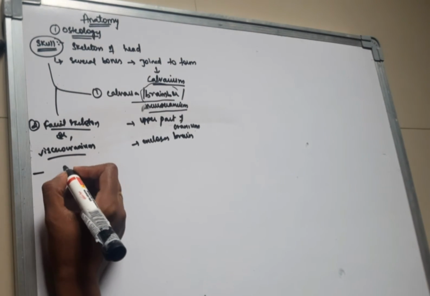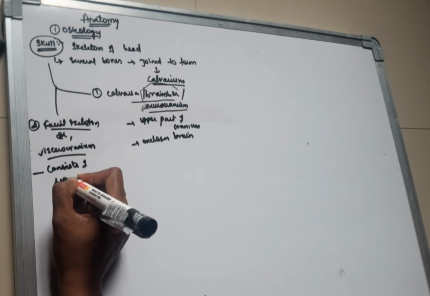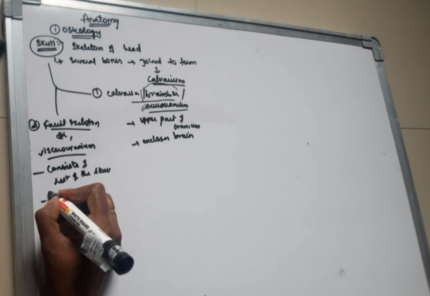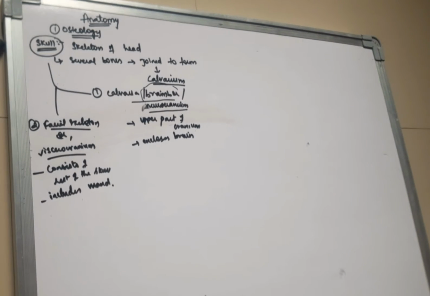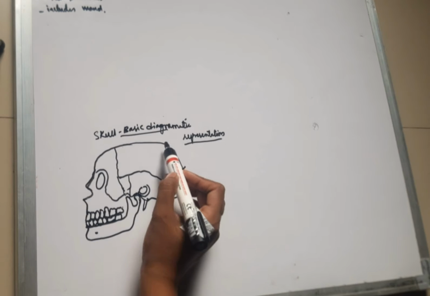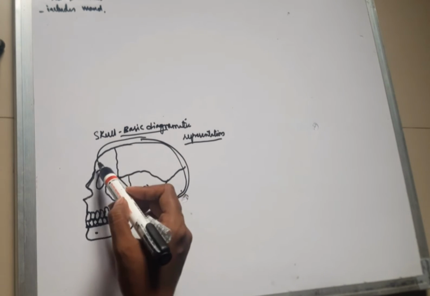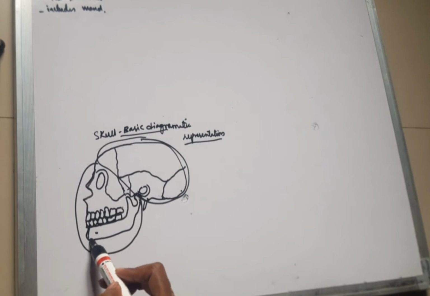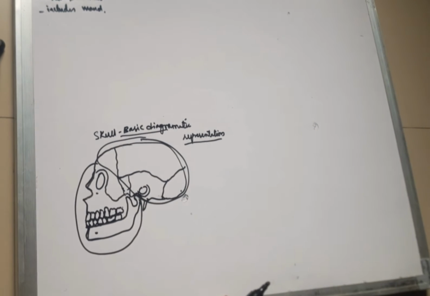Now this facial skeleton consists of the rest of the skull, and it also includes the mandible. Now let's see the diagrammatic representation of the skull. This is the brain box which encloses the brain, and this is the facial skeleton which also includes the mandible. Both of these parts join together and are known as the skull.